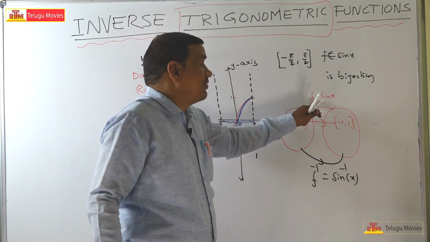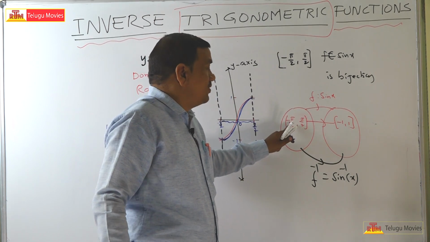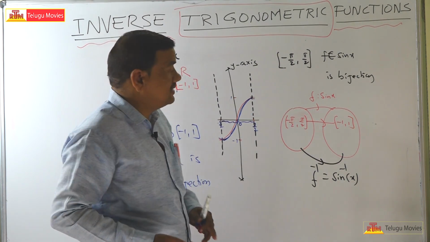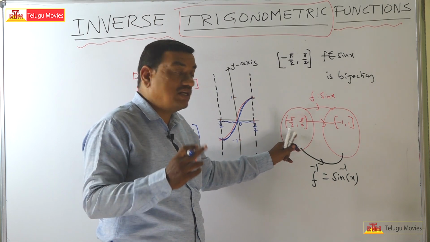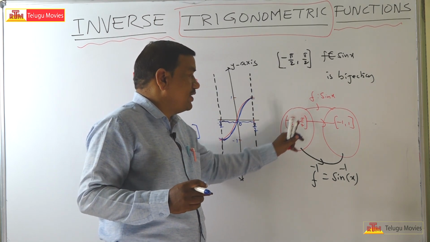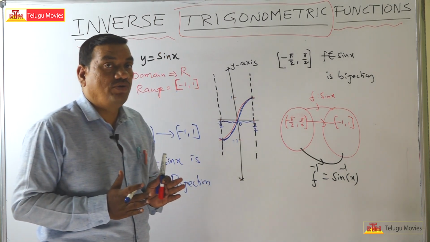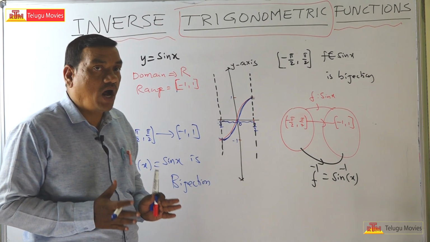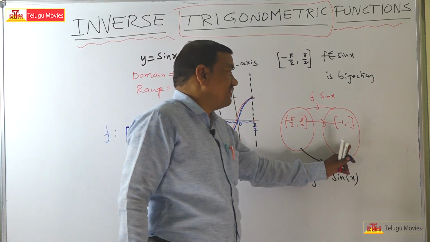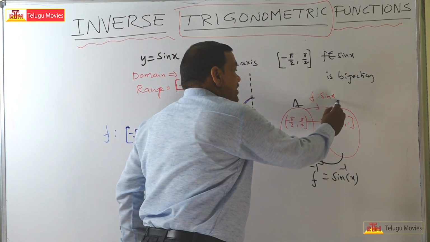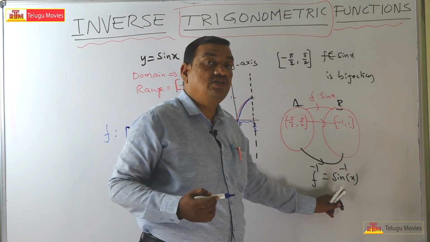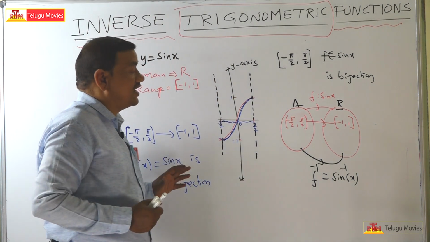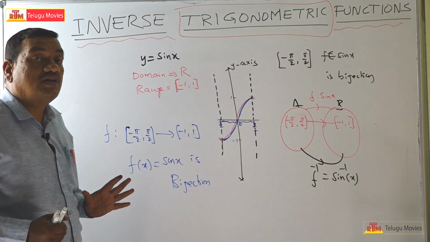Okay? For y equal to sin x, of course the domain is from the set of real numbers to real numbers, but we have restricted, we have cut the domain to minus pi by 2 to plus pi by 2. That domain only I have taken. Why? Because in that domain only the function is both one-one and onto. So there exists a function from B to A, that is called the inverse trigonometric function. I hope that you understand this inverse sine function.